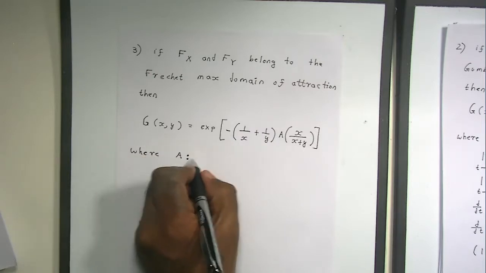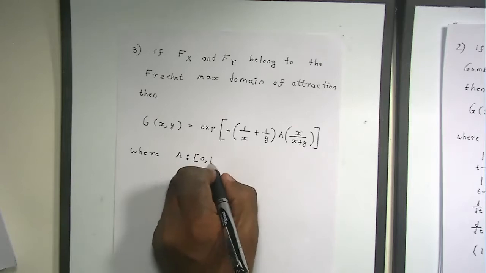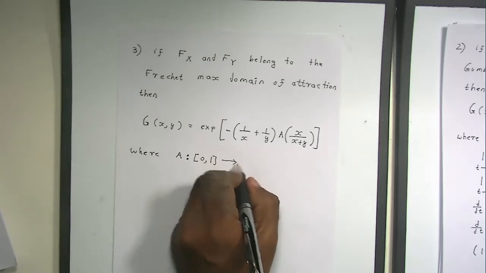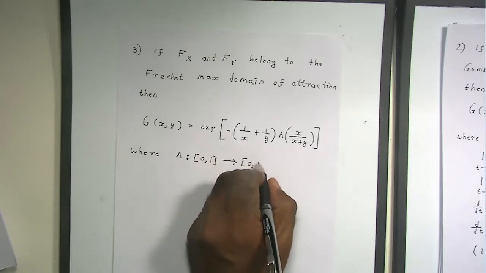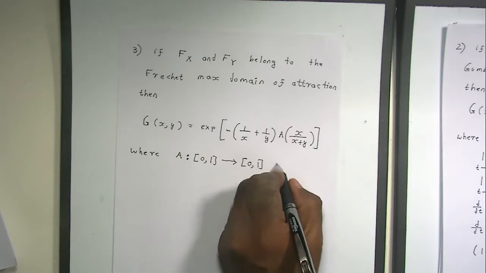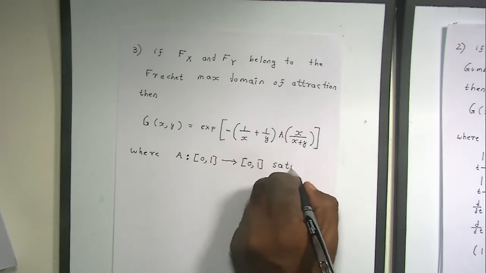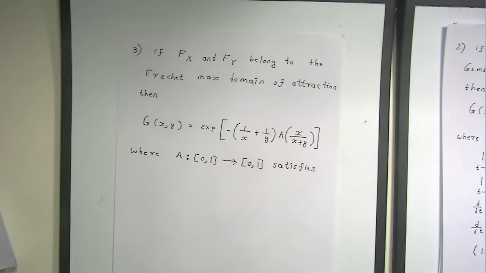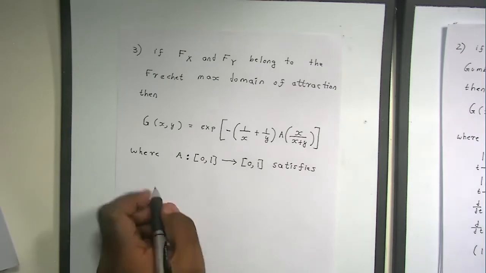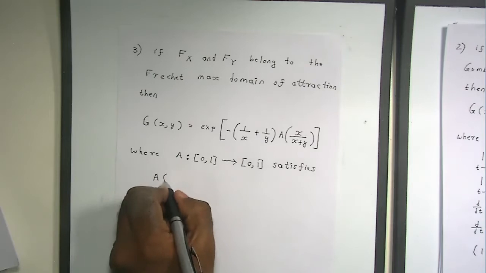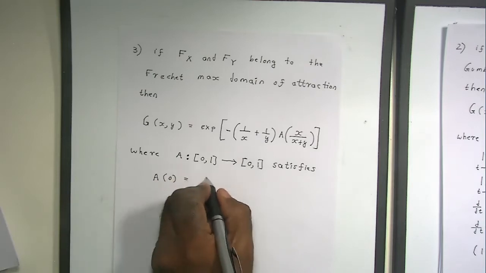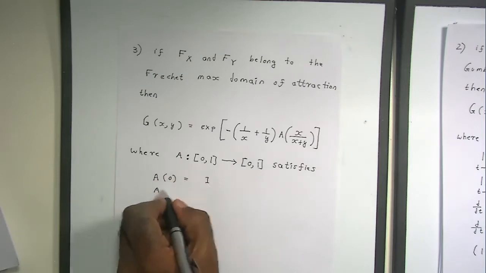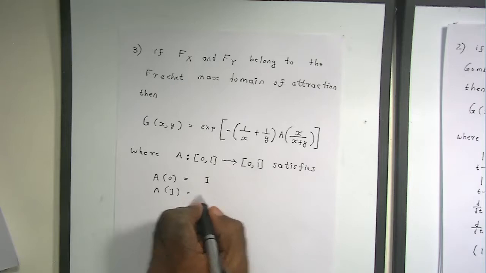a is a function from 0 to 1 to 0 to 1 that satisfies the following. Okay, let me write them down. The first condition is that a of 0 is equal to 1, a of 1 is equal to 1.